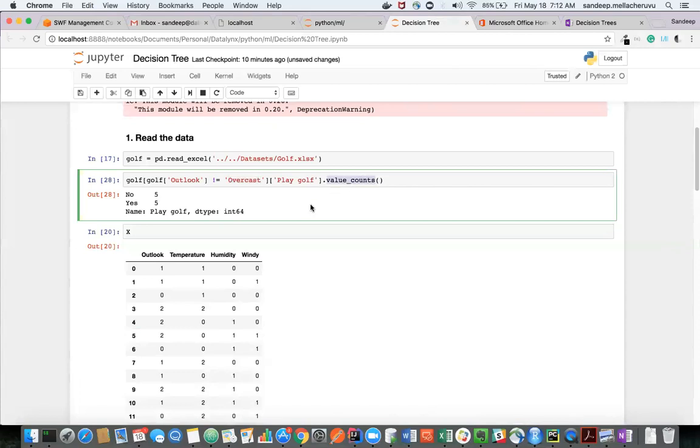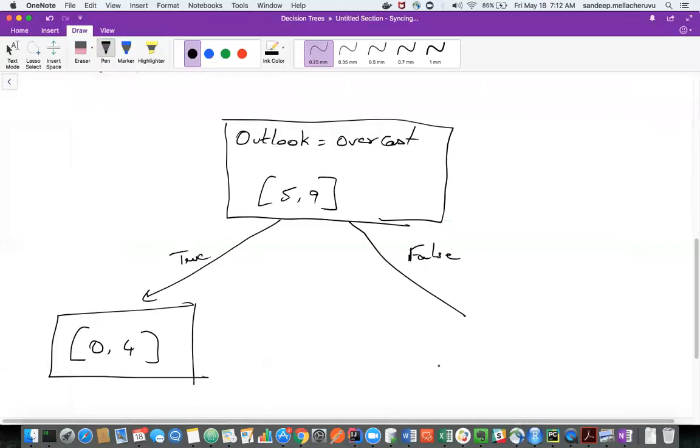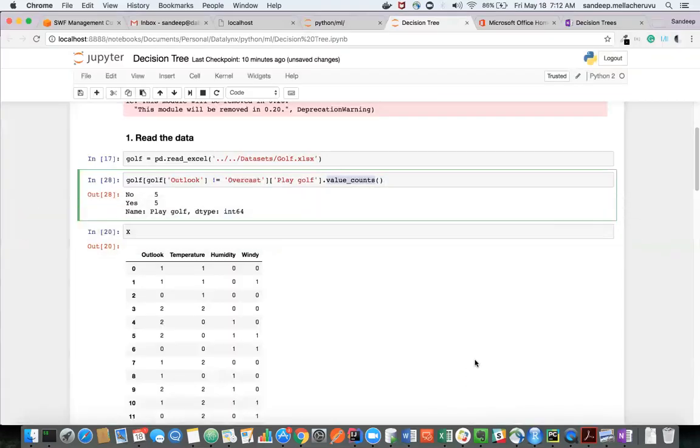And then I did a value counts. I got 5 comma 5. I can simply write 5 comma 5 here. What I'm counting? Always this count is on the classes, which is play golf or not, yes or no. That I am going to count.